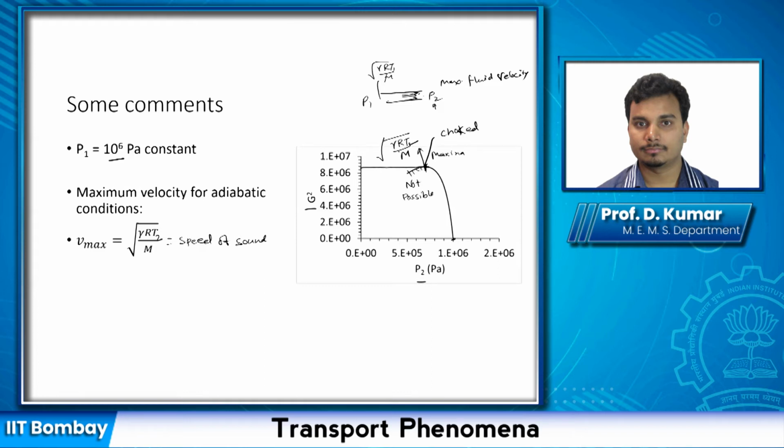So typically what happens is, your flow is sonic here. Here you call it subsonic. If it could go beyond this Mach 1, then you call it supersonic. That we'll discuss in a little bit.